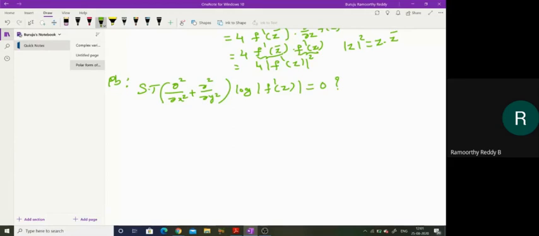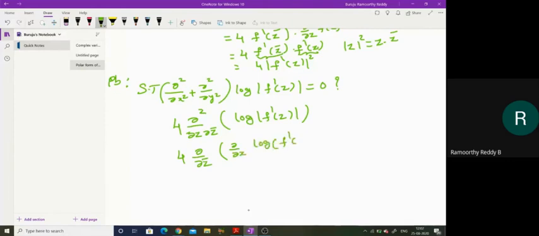Same formula you use: ∂²/∂x² plus ∂²/∂y² of f is equal to 4 times ∂²/∂z∂z̄ of f. Here f is nothing but log of |f dash of z|, so which is equal to 4 times ∂/∂z of first the conjugate derivative, ∂/∂z̄ of log f dash of z, right?